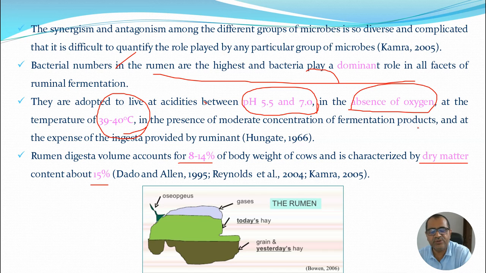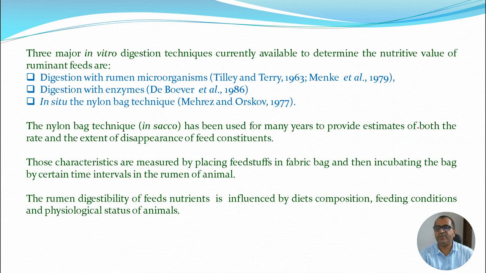Suppose a cow weighs about 100 kg, then on average 10 kg will be the ruminal content, and if it is 300 kg, then 30 kg of dry matter content will be present in the ruminant.